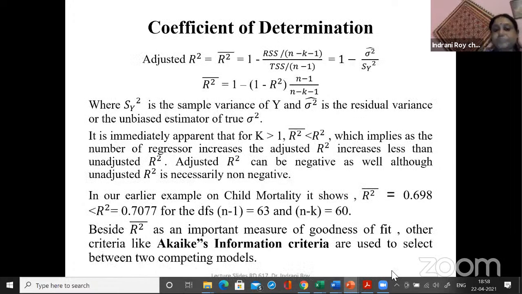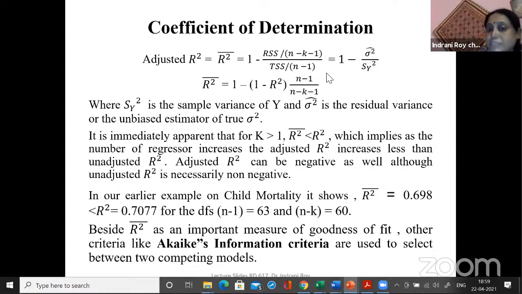So what you get through the R bar square is that, look at this expression. If you increase one explanatory variable, what will happen to your R square? This R square will always rise, right? Because R square is always increasing in the explanatory variables.